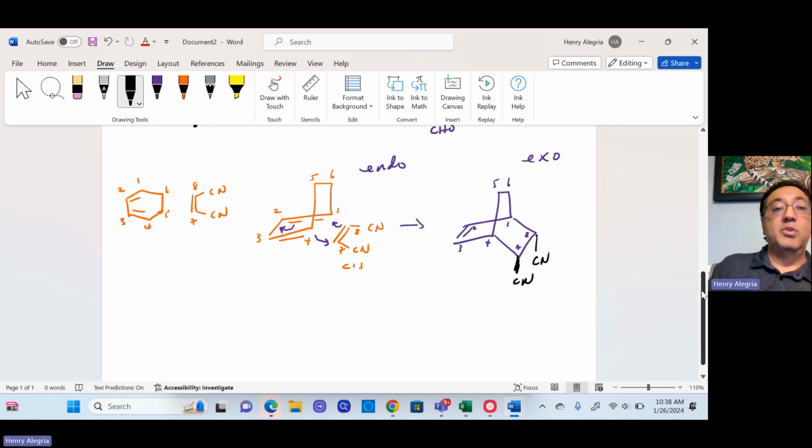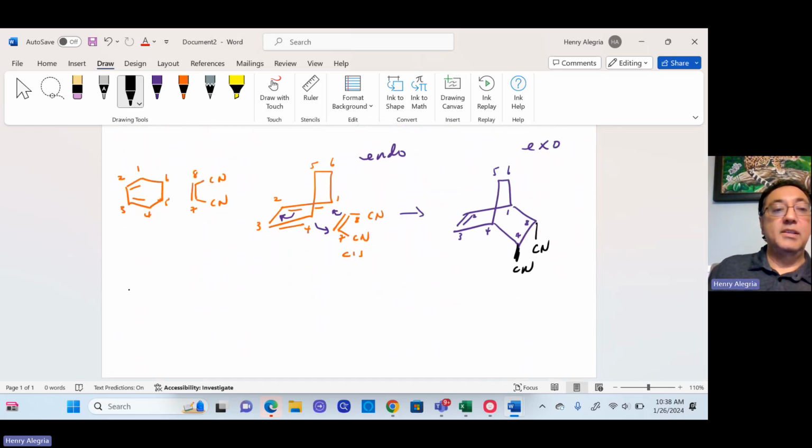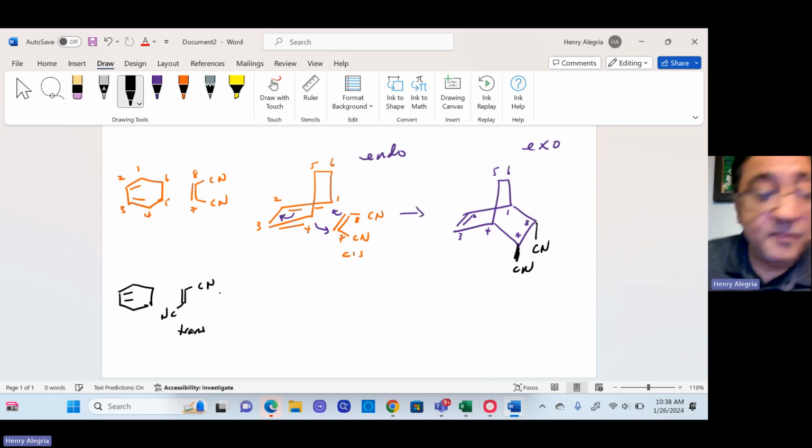Now, suppose I was doing the same diene here, but this time I am starting off with the trans dienophile. So you see here, they will not end up in the same orientation.